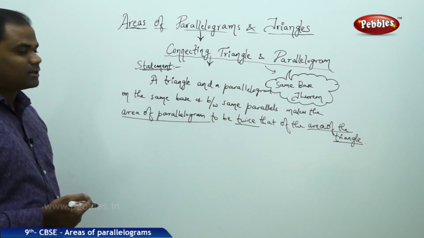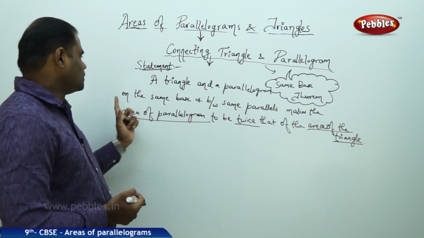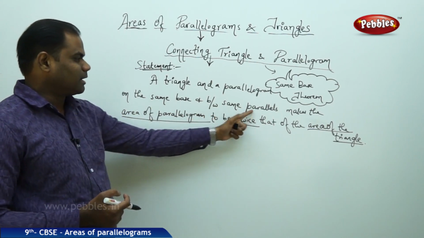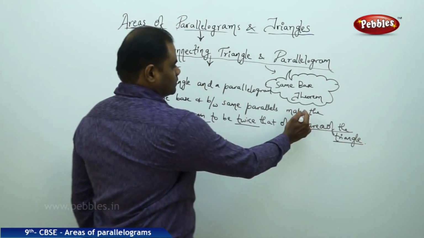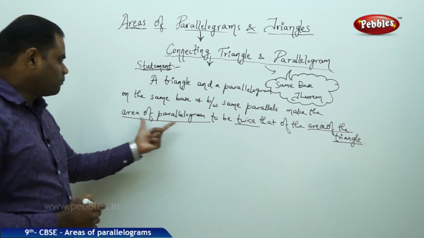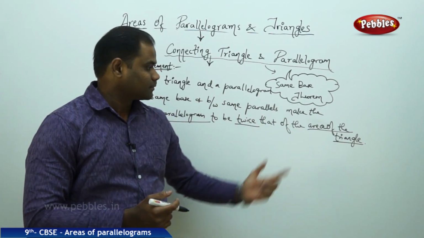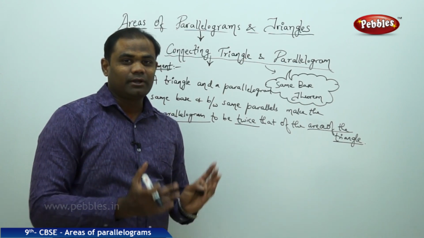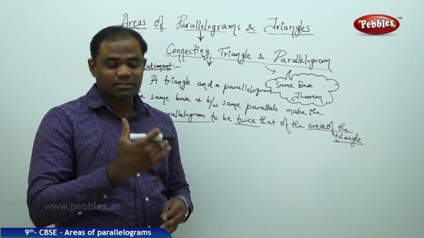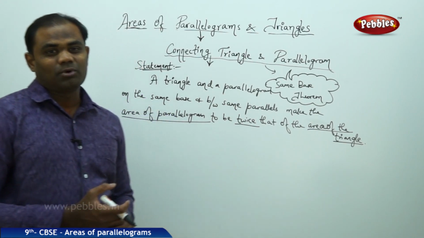So the statement is very clear: a triangle and a parallelogram on the same base and between the same parallels make the area of the parallelogram twice that of the area of the triangle. This is how we understand the connection between a triangle and a parallelogram when they are on the same base and between the same parallels. Let's see the property in brief.